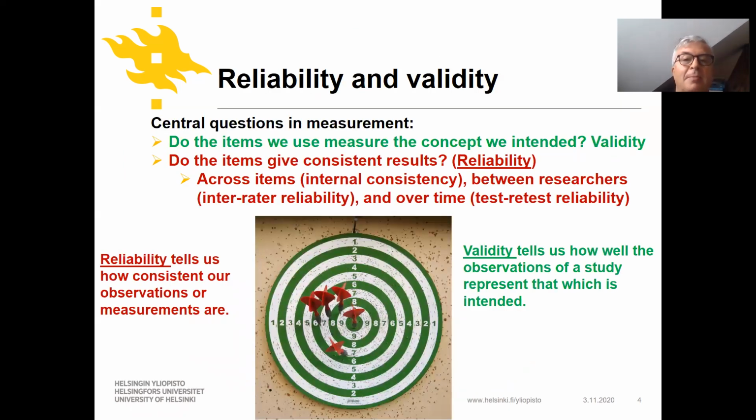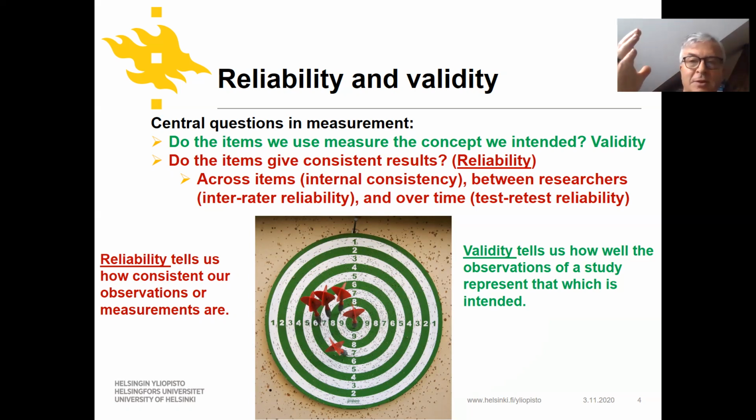All right, reliability is seriously important, and it goes together hand in hand with another concept, which is called validity. We start out by defining what validity is. So validity is the answer to the question: do the items in a test or questionnaire measure the concept that we intended?